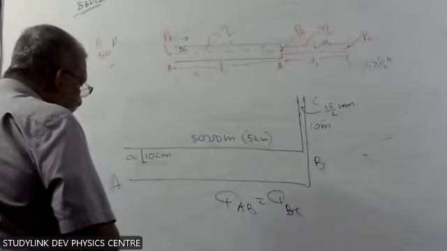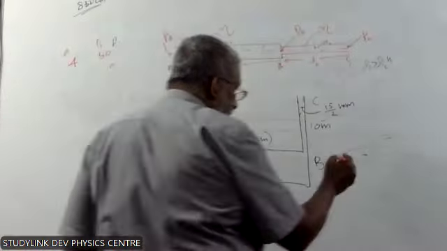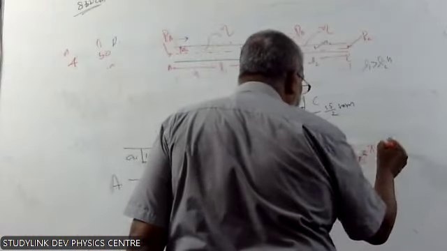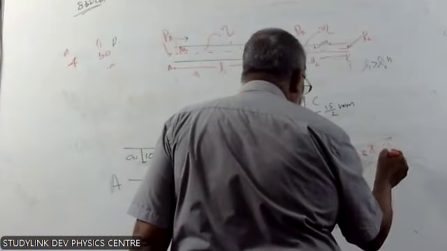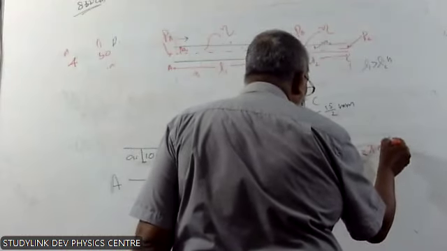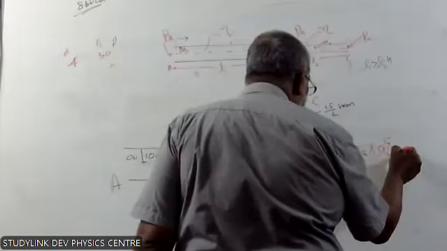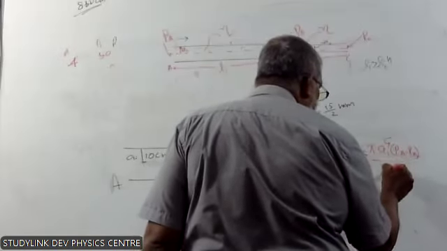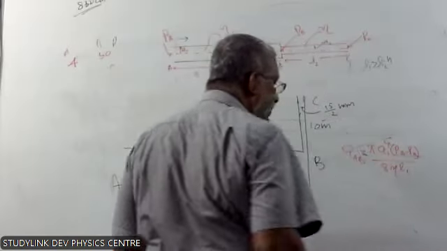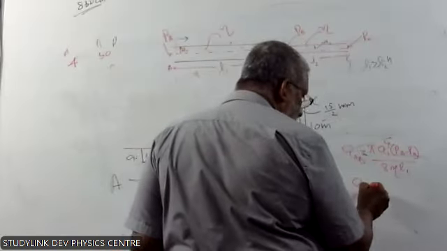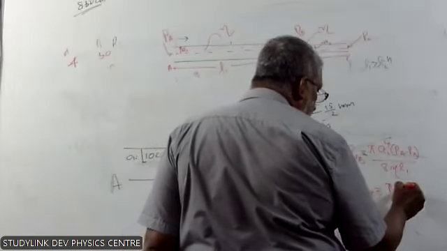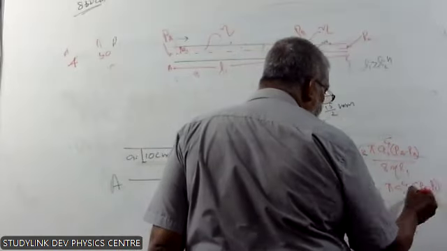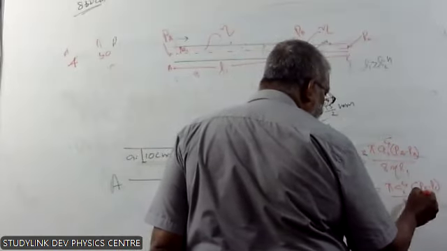Yeah, this is the way. Now you write the equation for QAB. Pi A1 to the power 4, PA minus PB, over 8 eta L1. Then QBC is equal to pi A2 to the power 4, PB minus PC, divided by 8 eta L2, eta is the same.